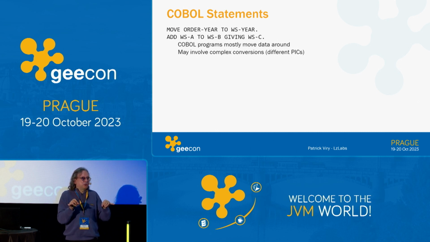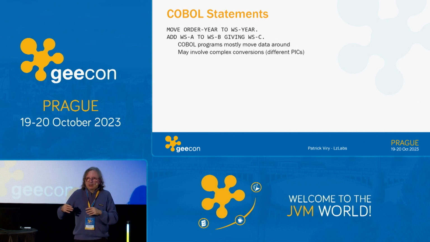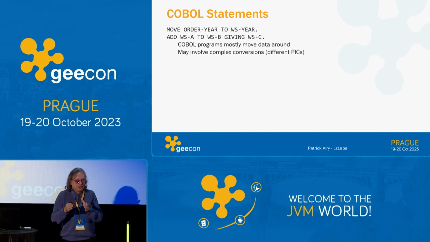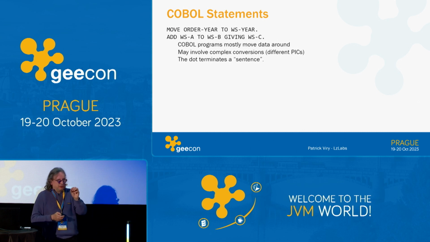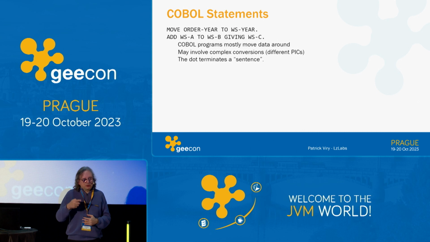So the move statement is going to take care of, do I need to add padding? Do I need to truncate something? Do I need to convert things? Okay? So one move statement can be actually quite powerful. Okay. And notice that there is a dot at the end. It's important, and I will come back to this later.